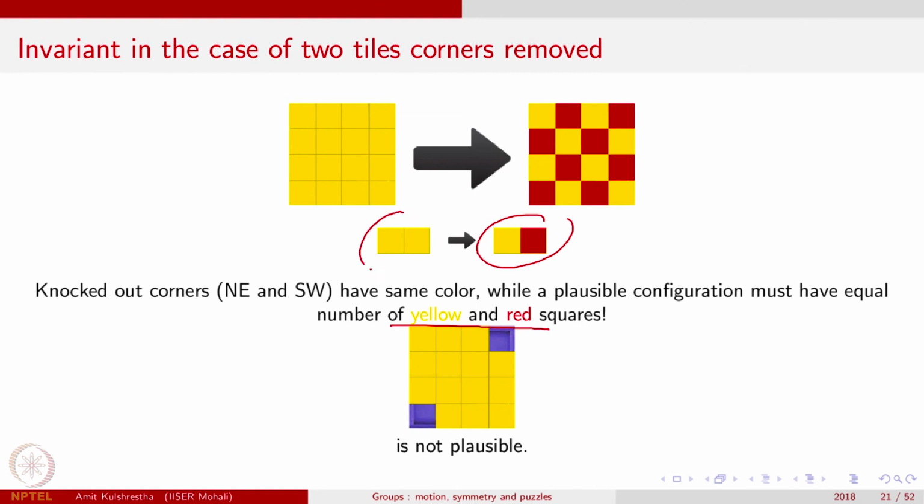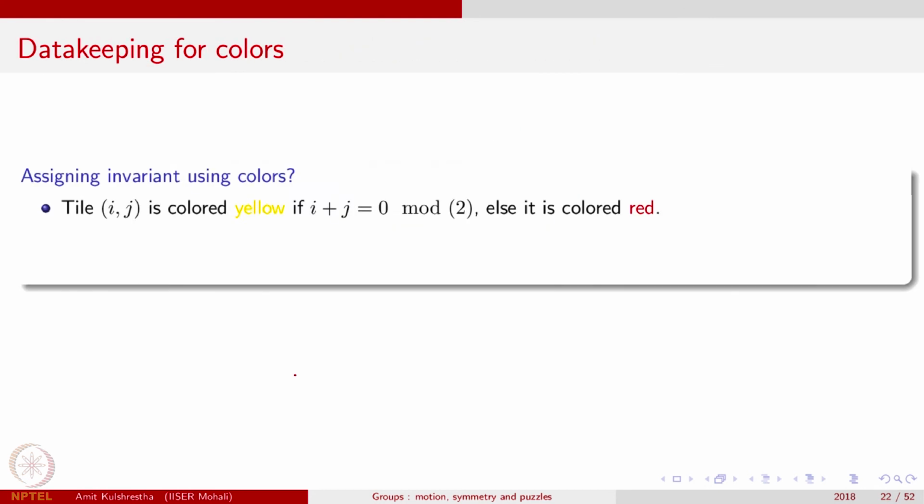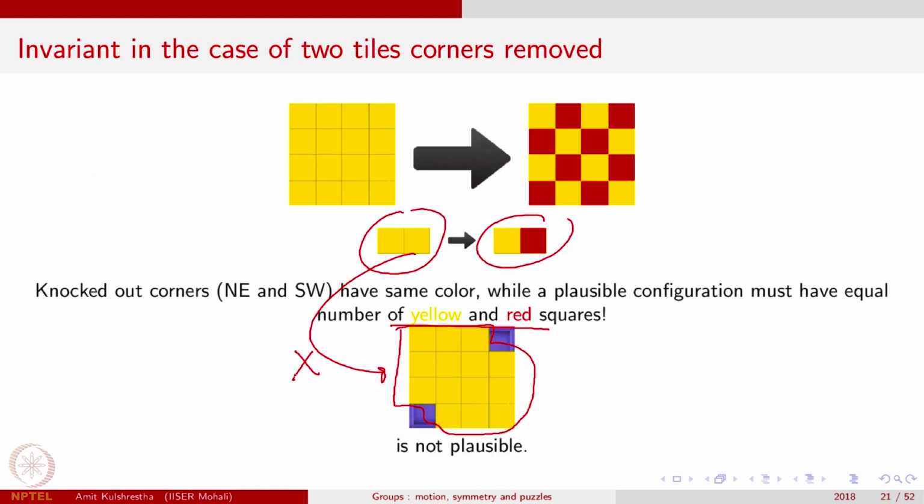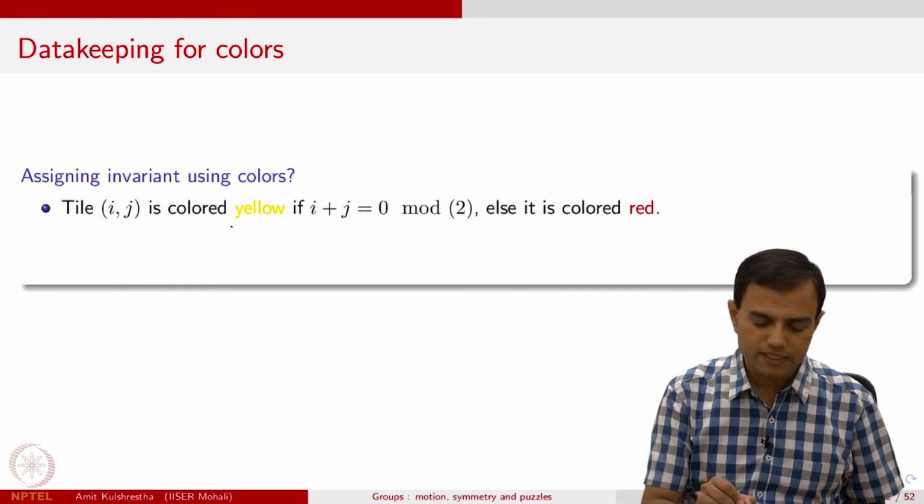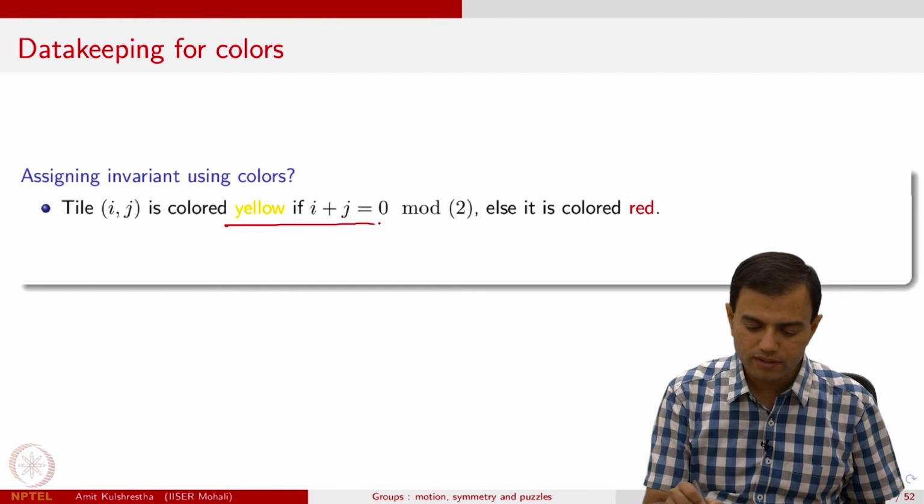So I cannot cover this using these kinds of tiles, it is impossible. So what was the invariant in this situation? What was the parity in this situation? All these colors which came to resolve this problem, I am going to express through this expression.